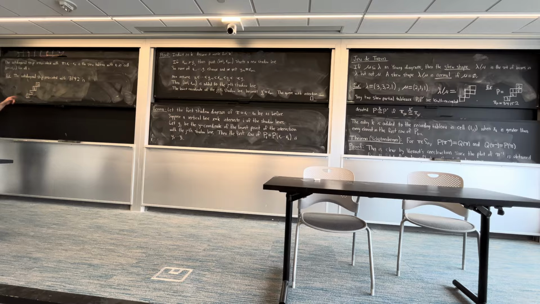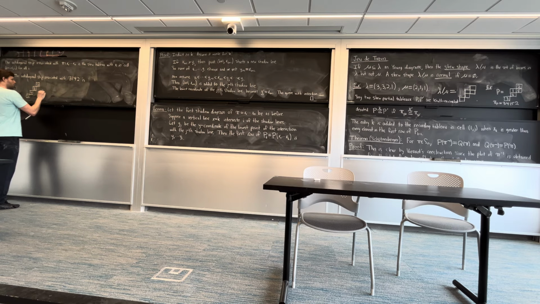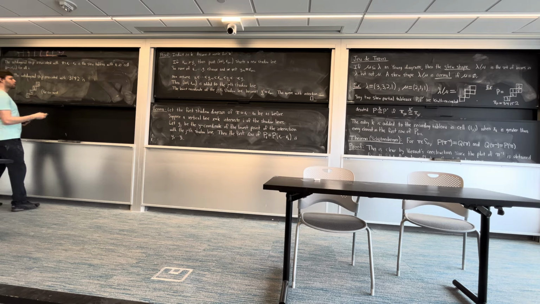So it's just this shape going up like that, but I want it so that the row word of this skew tableau is 3, 1, 4, 2. Notice that the row word is exactly what I started with.